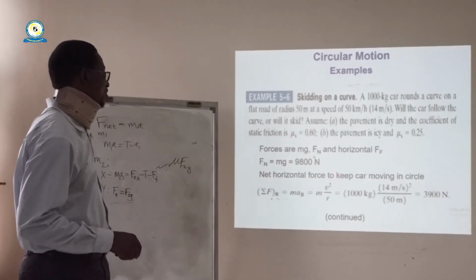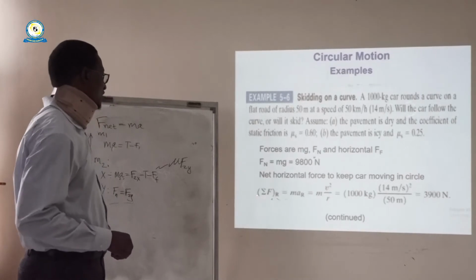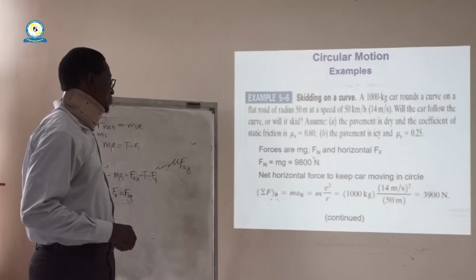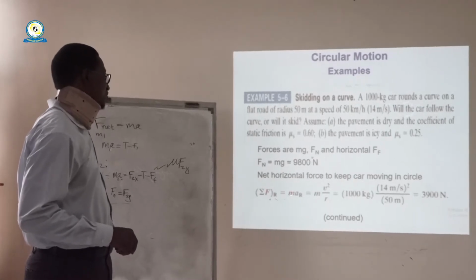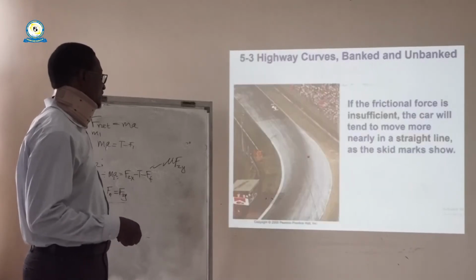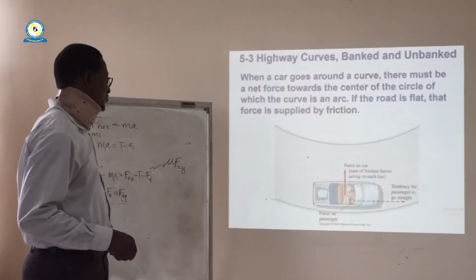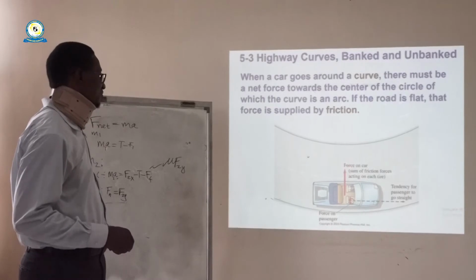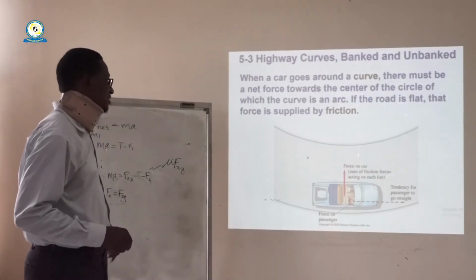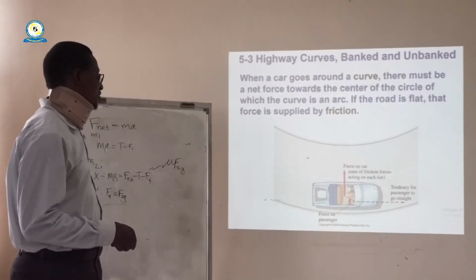Net horizontal force to keep the car moving in a circle: the summation of forces Fr is equal to m a r. This one here is the force toward the center, centripetal acceleration.